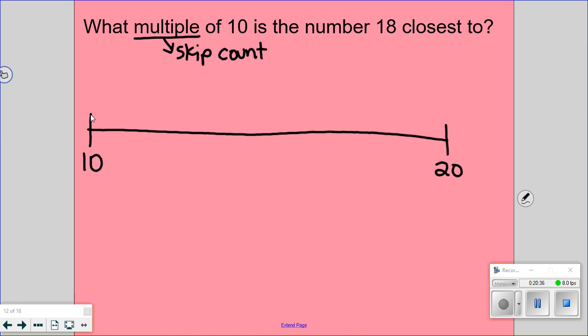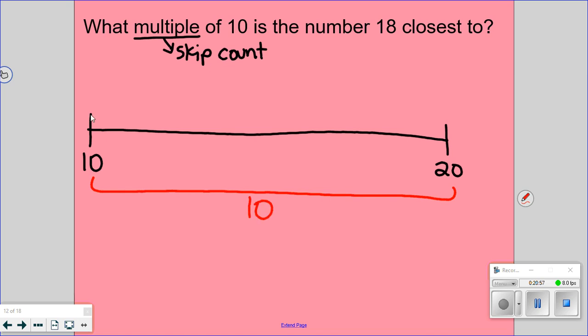What's my midpoint? This is a little tricky. Jalen, how many numbers are on this number line from 10 to 20? 10 numbers still.